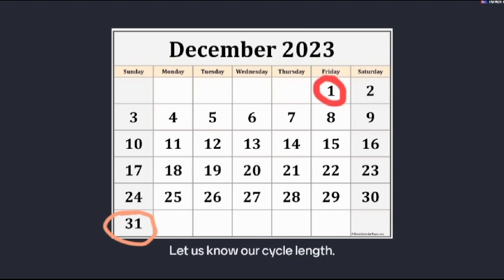So we now want to identify when this lady ovulated. We want to calculate when she ovulated. So that 31st, which is the last day of her cycle, we start counting our 14 days backwards. That 14 days of the luteal phase is what we want to count backwards to predict when she ovulated.